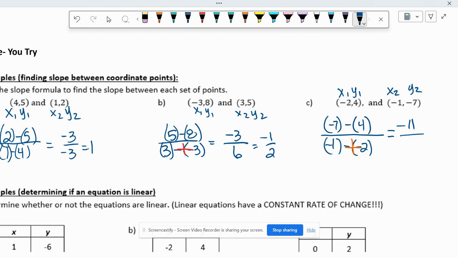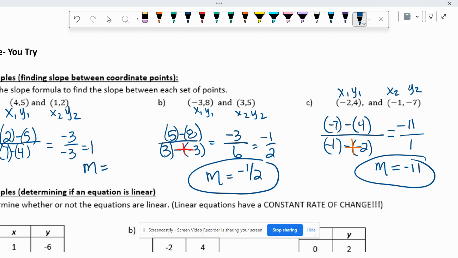You need to put your y's on the top, x's on the bottom. What happens when you have minus and negative? Yeah, you don't, not you, you're fine.